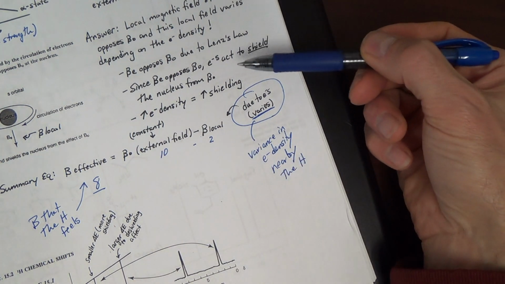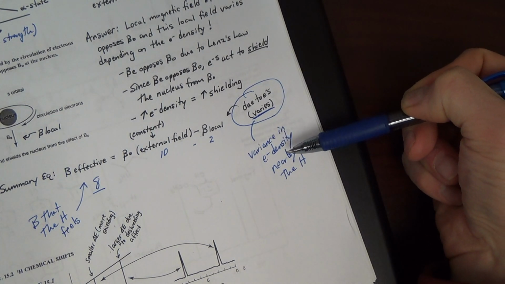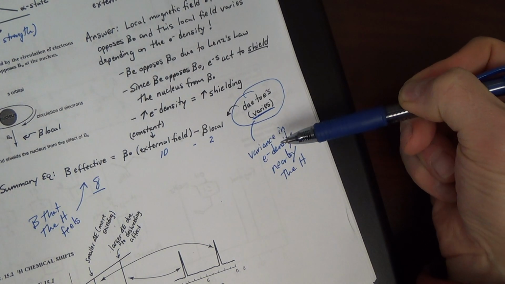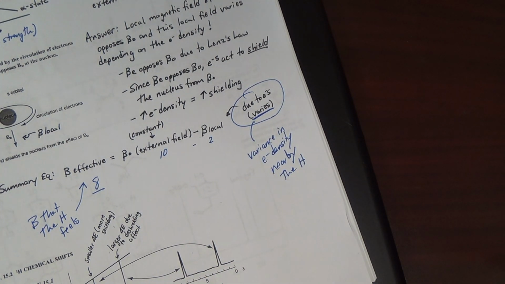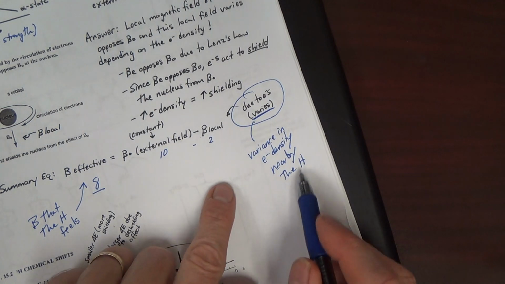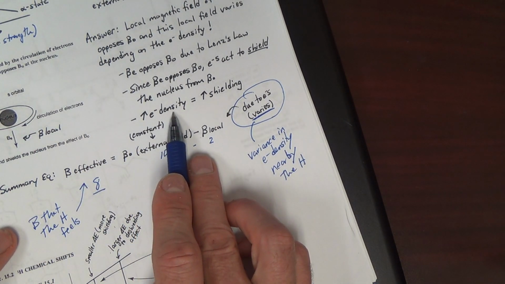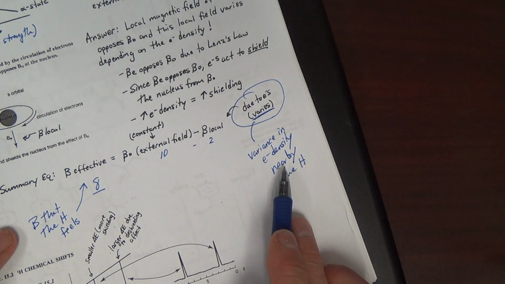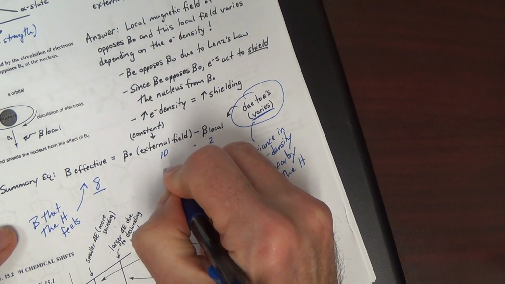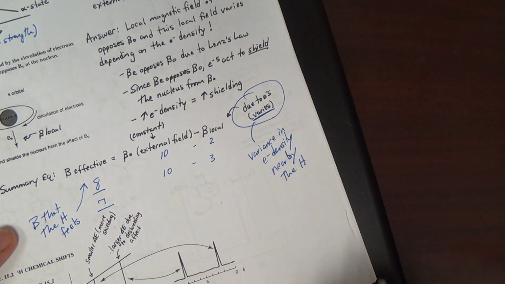Ultimately, we say that the electrons act to shield the nuclei from the external field. Now, it turns out that higher electron density equals more shielding. Because higher electron density would be like 10 minus 3, and that would give you 7.